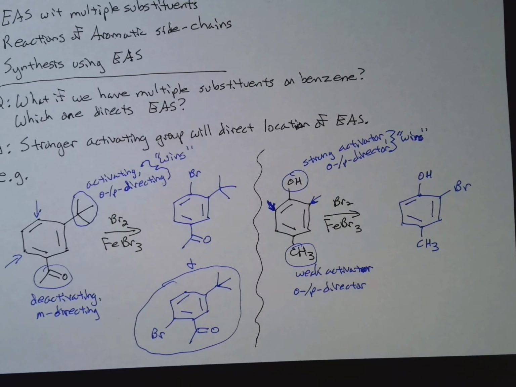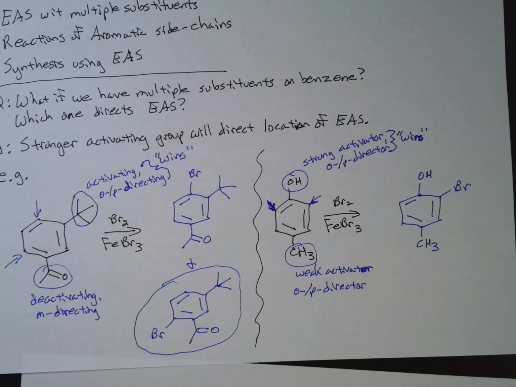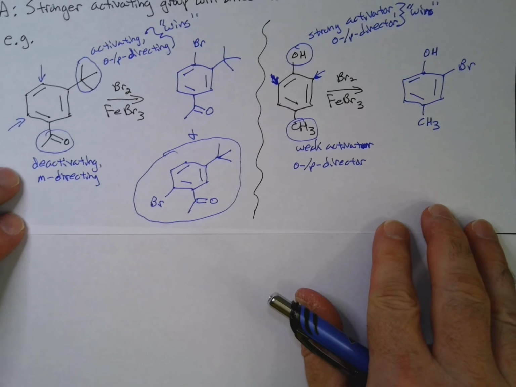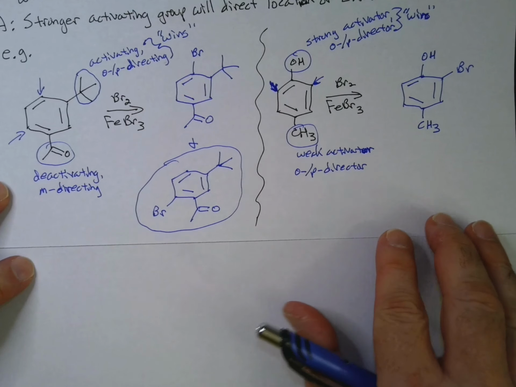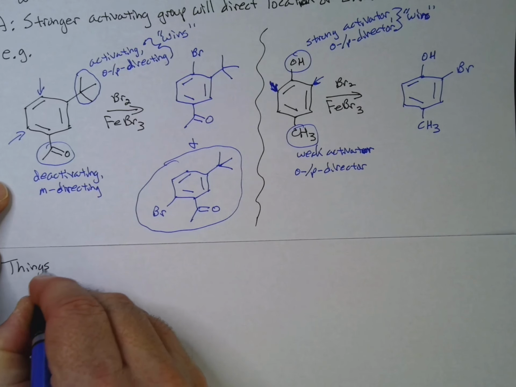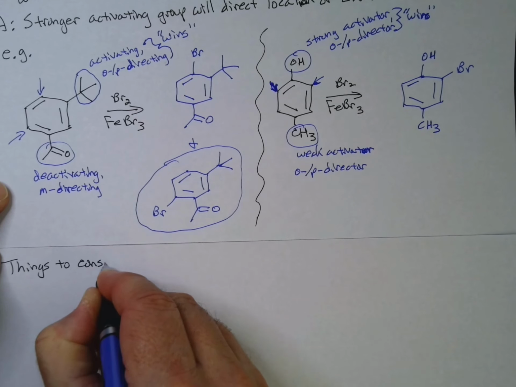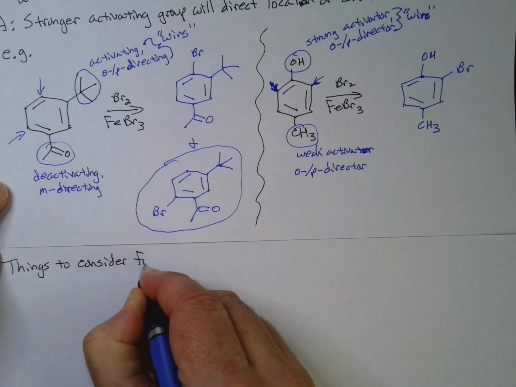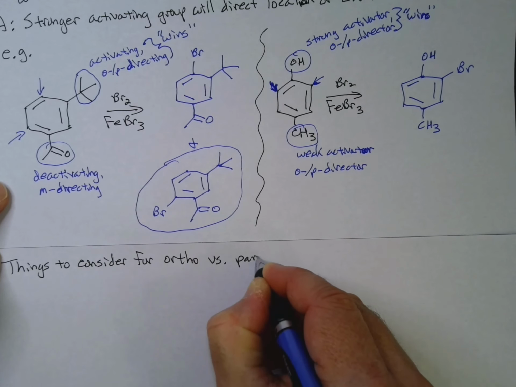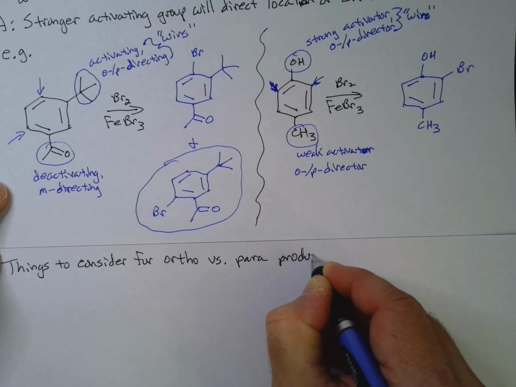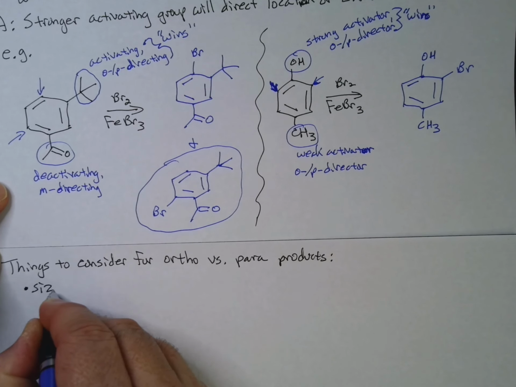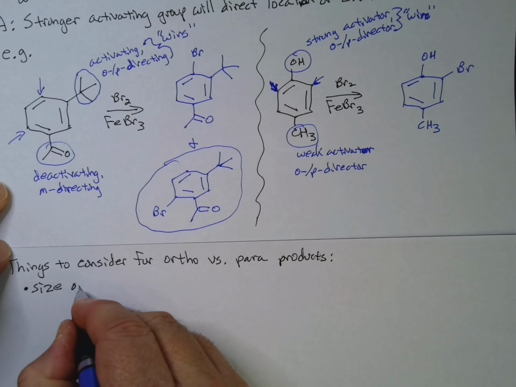So there are some things to consider when we're thinking about where things are going to go for these ortho and para directors. We do want to think of the size of the existing substituent.